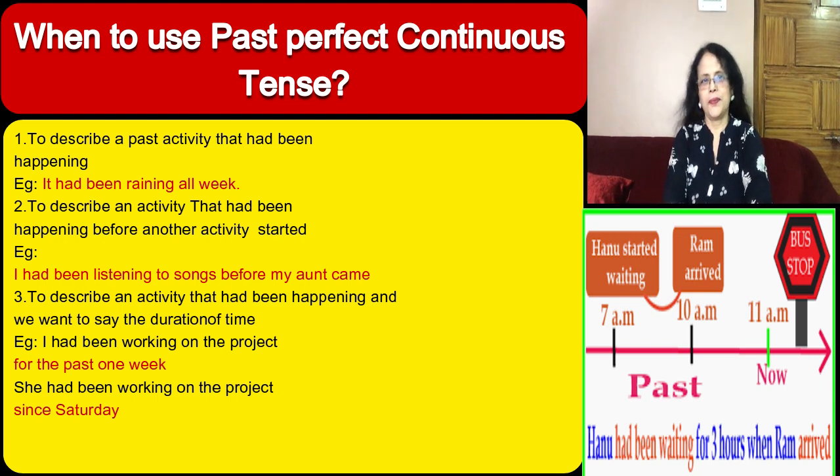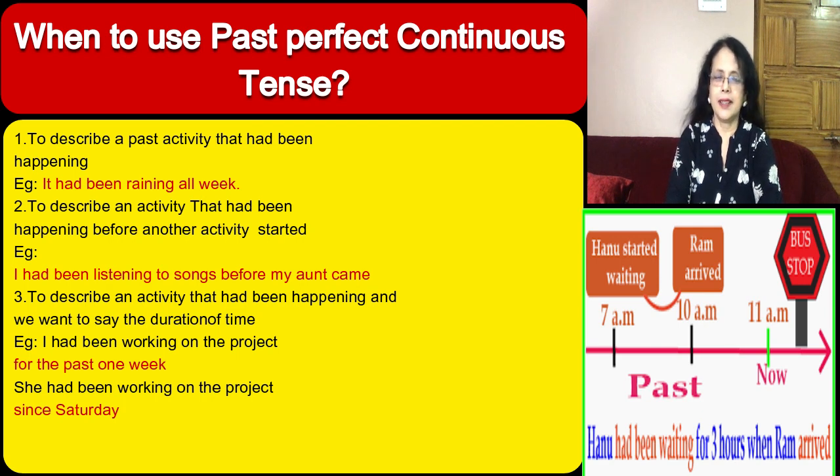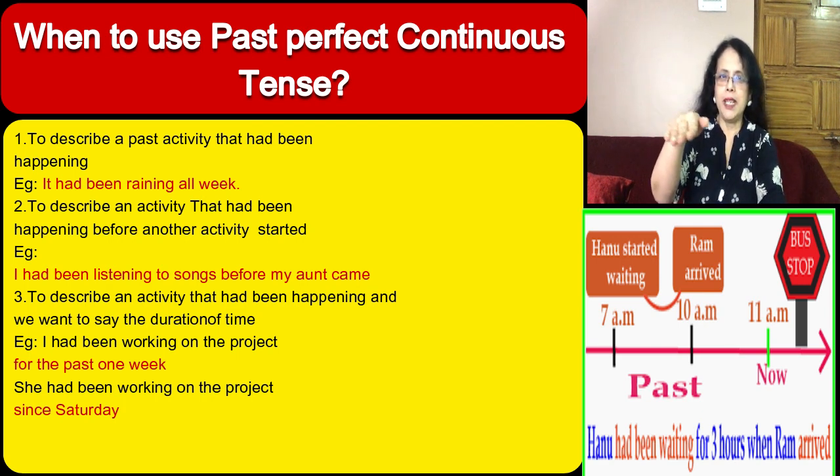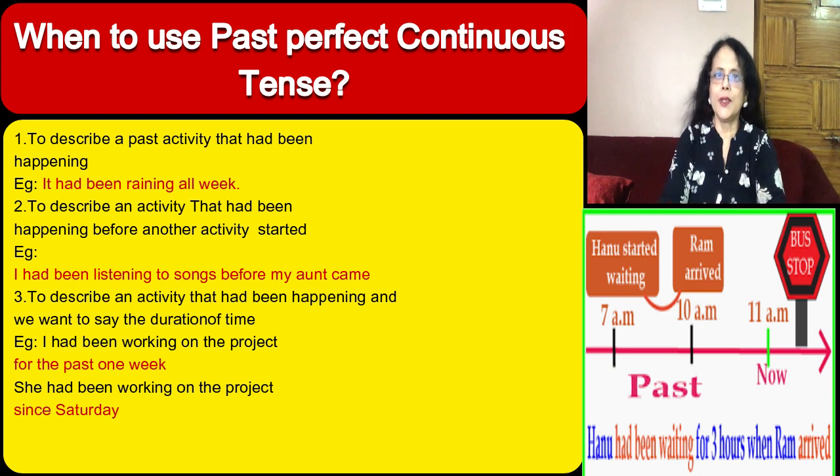Second situation, this is used to describe an activity that had been happening before another activity started. Did you understand? One activity had been happening, another activity started. Right? So, even in that situation, we use past perfect continuous tense.